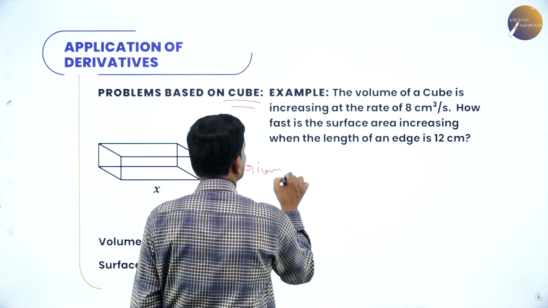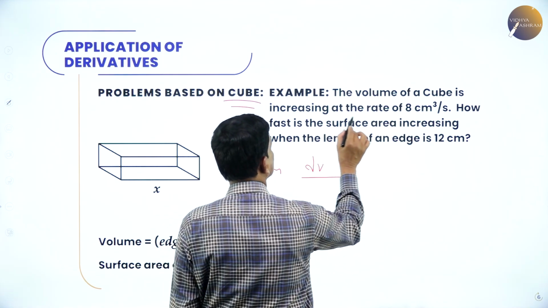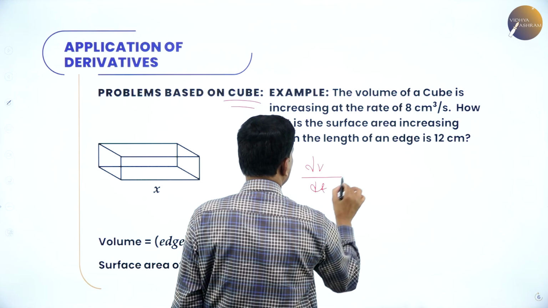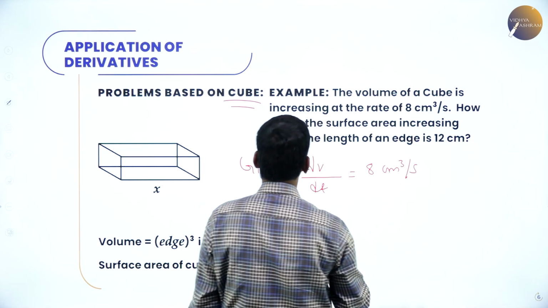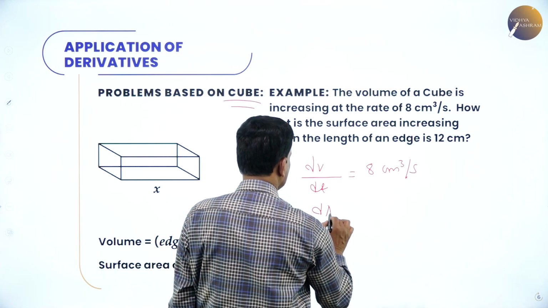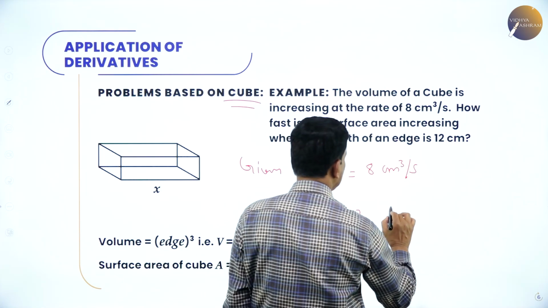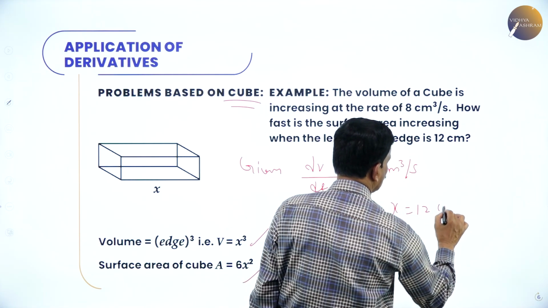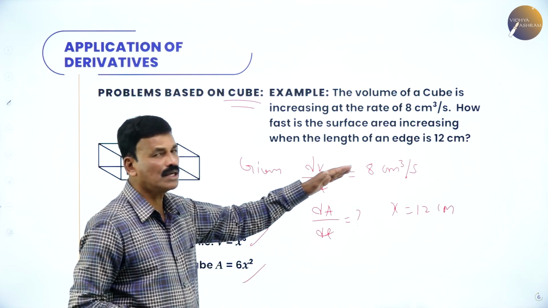Given that the volume of a cube is increasing at the rate of dV by dt is equal to 8 centimeter cube per second. How fast is the surface area increasing? dA by dt is the question mark when the length of each side, when x is equal to 12 centimeters. That's it. So, what is given? dV by dt is given.